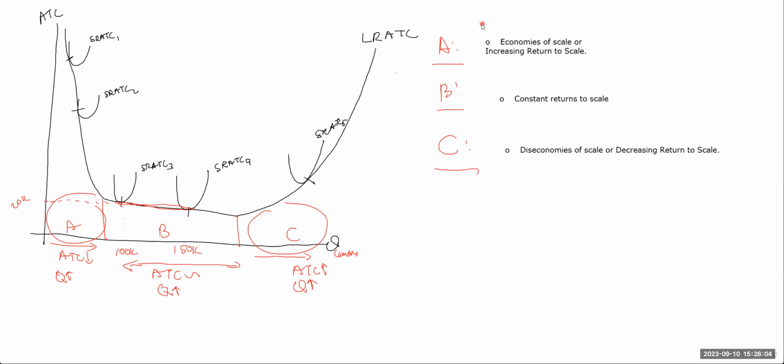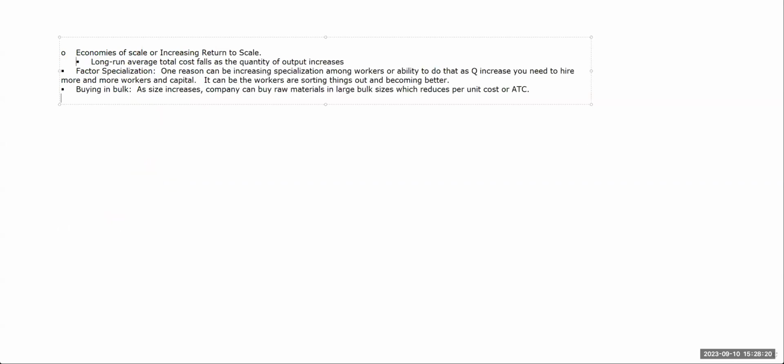All right. So why would we see economies of scale? Let's go through that. There's two reasons that I found. Economies of scale or increasing returns to scale could be due to factor specialization, or buying in bulk. As you are small, you're starting up. Mr. Toyota started out maybe in his garage.